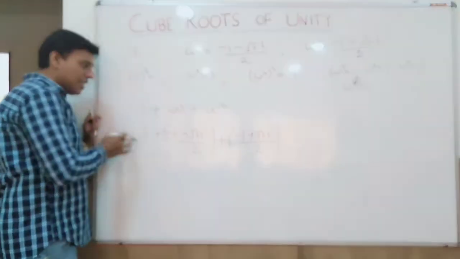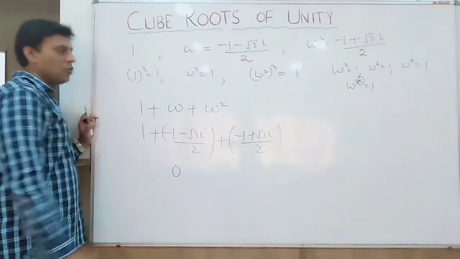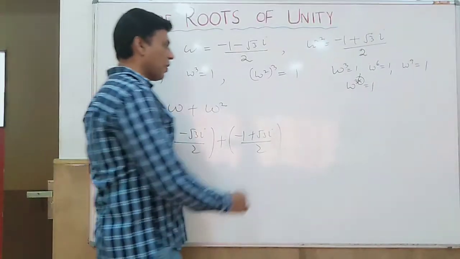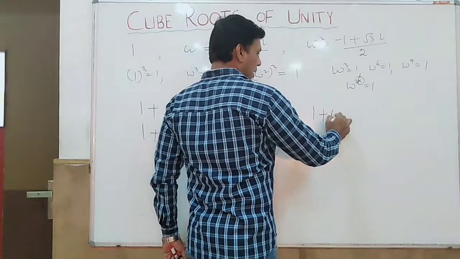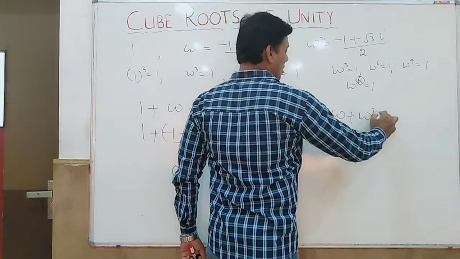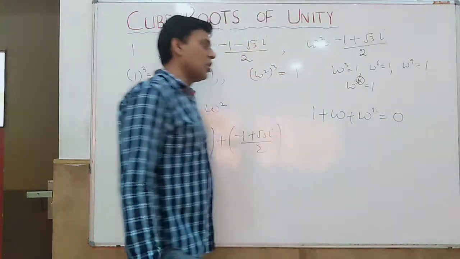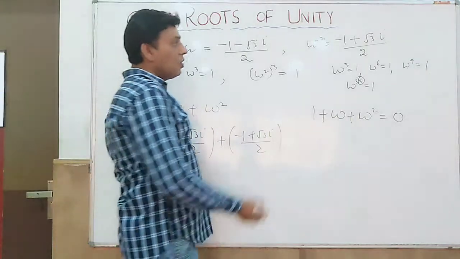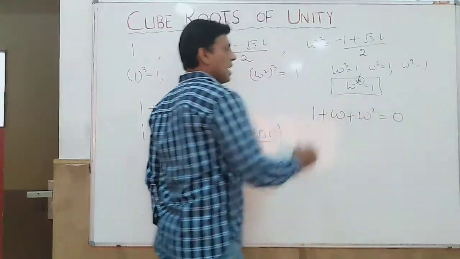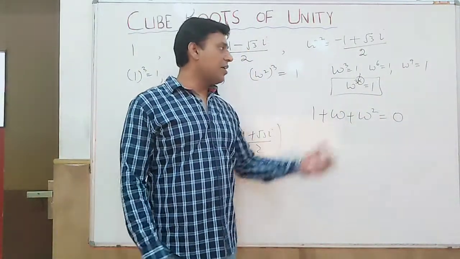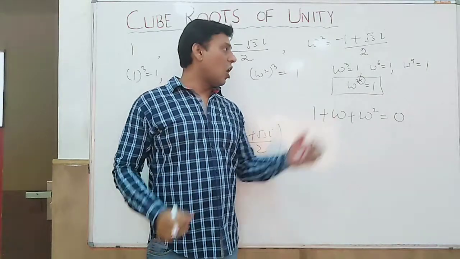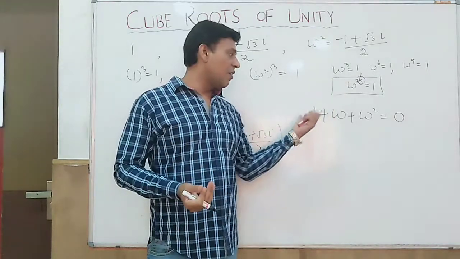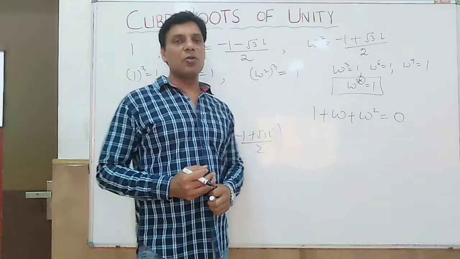If you add all these numbers, you will get 0. This is a very important property of omega, that is 1 plus omega plus omega square is equal to 0. So we will use these properties: multiples of 3 of omega will be 1, and 1 plus omega plus omega square is equal to 0.